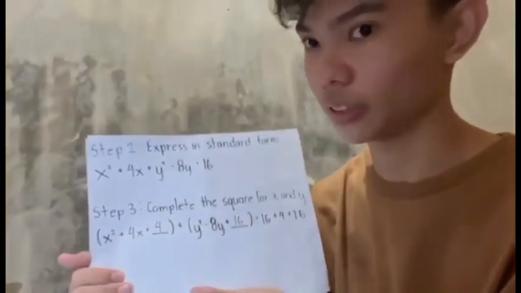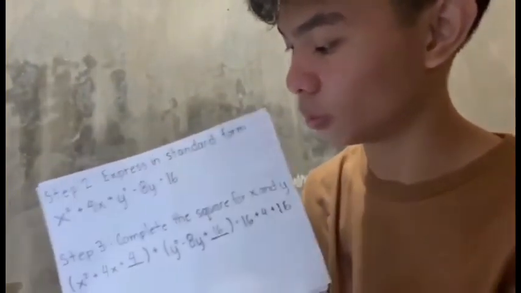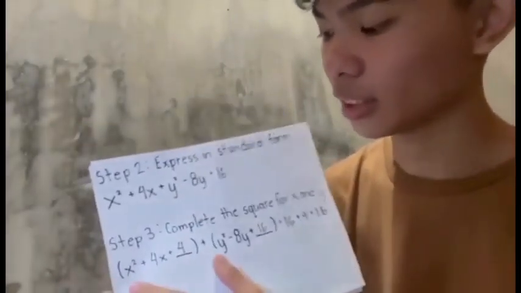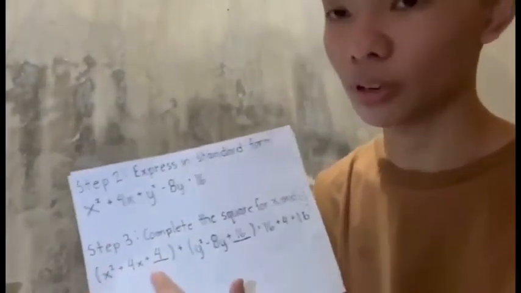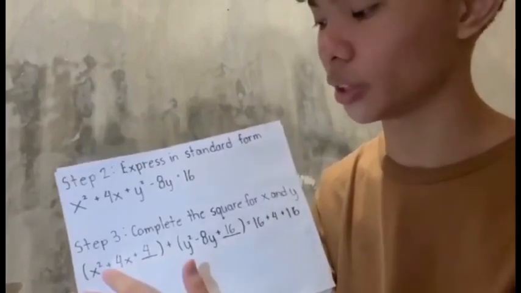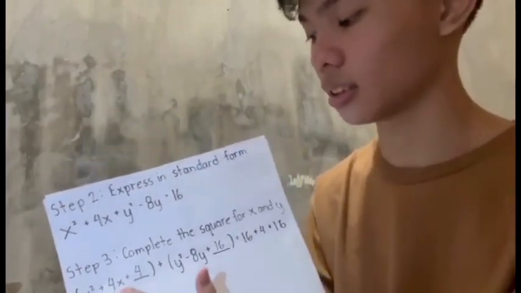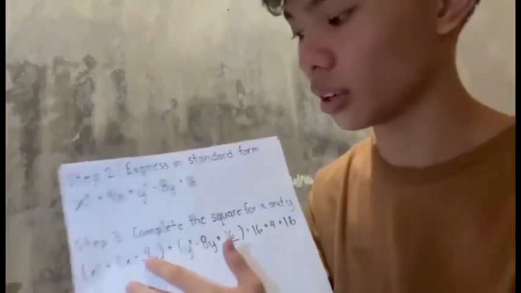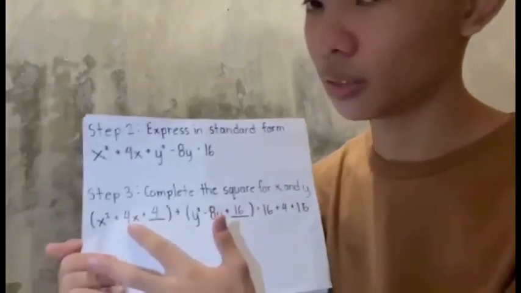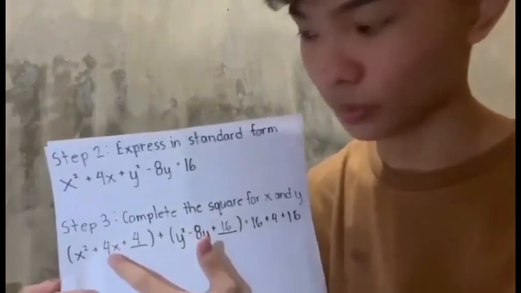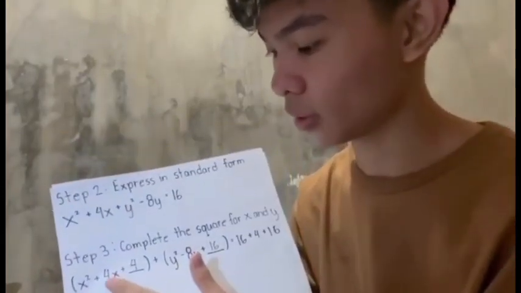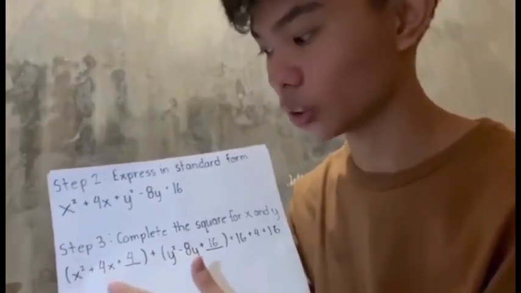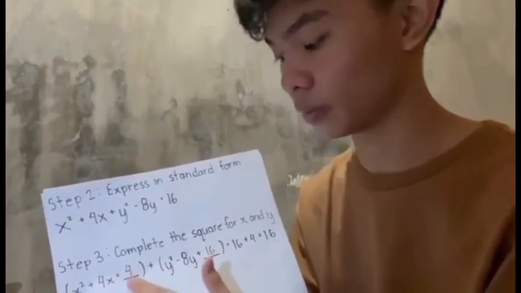For our third step, we complete the square for x and y. I put a parenthesis around x squared plus 4x, and notice there is a 4 here. I got the added number by dividing 4 by 2, which is 2. 2 squared is 4.